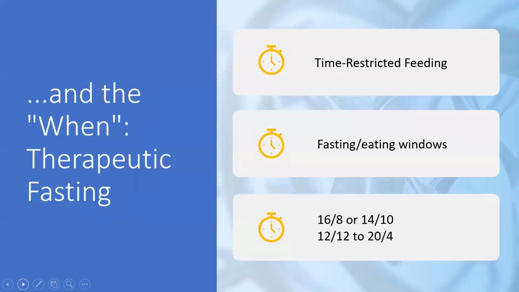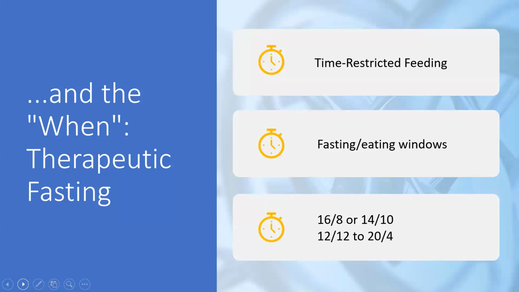So, how do you prescribe therapeutic fasting to your patients? I know there's a lot on the internet about IF or intermittent fasting, and usually this is what people mean or what people are doing when they say IF. Intermittent fasting is the bigger umbrella term. There are many different patterns of how to intermittently fast.